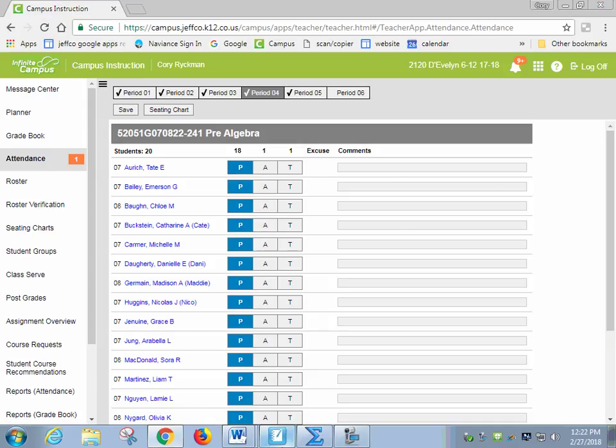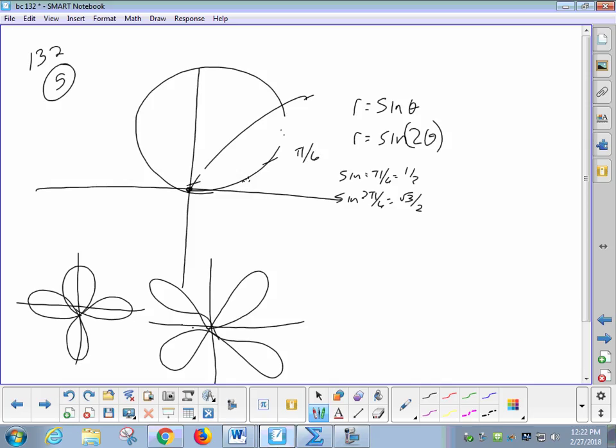So that tells me that at this point here, the sine of 2 theta is bigger. So it looks like that. The rose is outside, and the circle is inside.